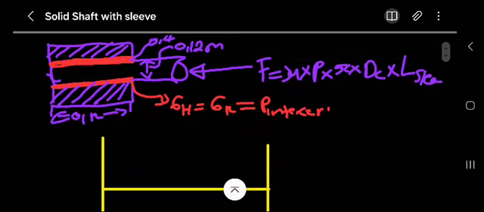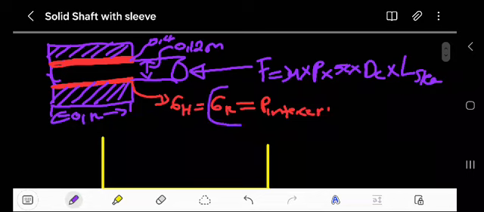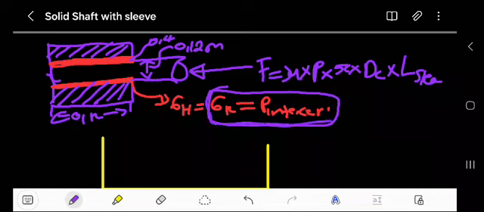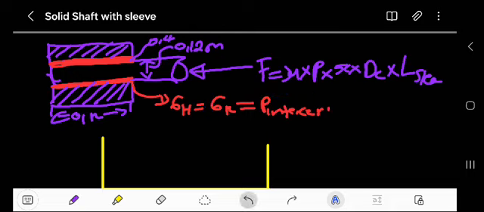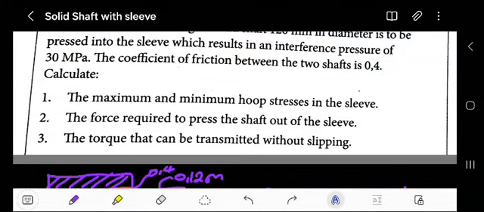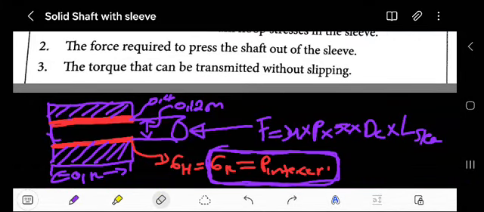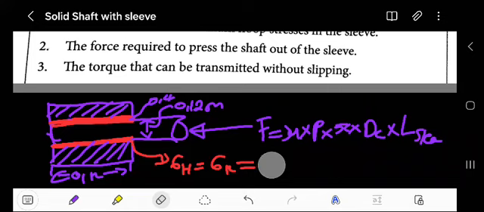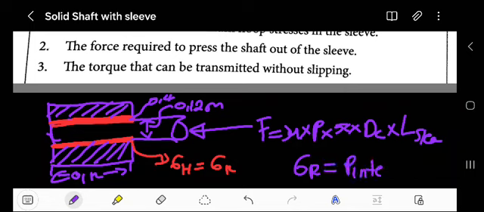Now we know that the interference is the same as the radial internal pressure, guys. The process does not change. For you to understand, let me write it like this: radial is equal to the internal interference pressure.